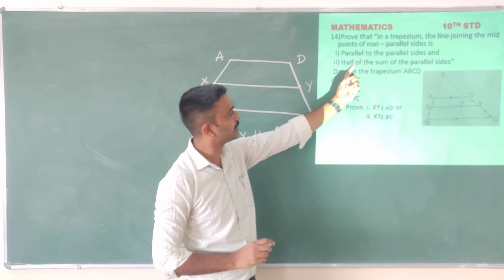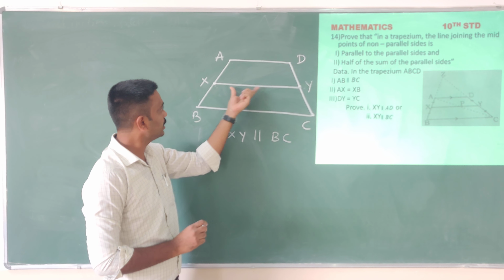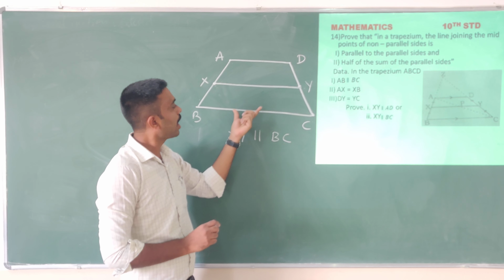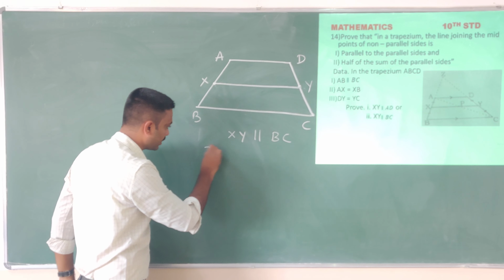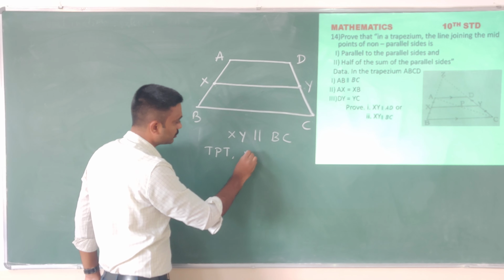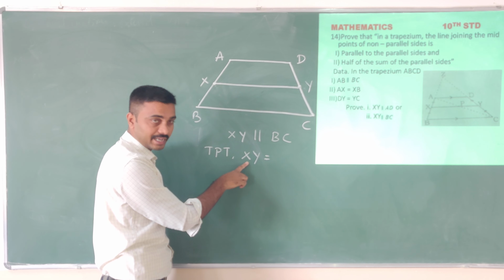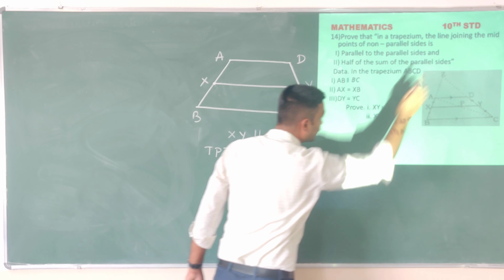Now we want to show the second condition: the line joining the midpoints of the non-parallel sides is half of the sum of the two parallel sides, which means we need to prove that XY is equal to half of the sum of the parallel sides.